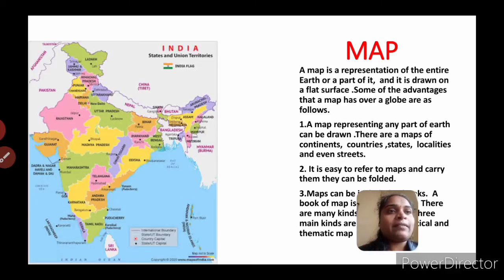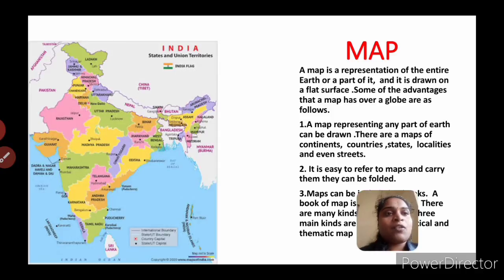Some of the advantages that a map has over a globe are as follows. Now see, if you consider a globe and a map, the map has so many advantages over the globe. A map representing any part of the earth can be drawn. On the map you can see any part of the earth.